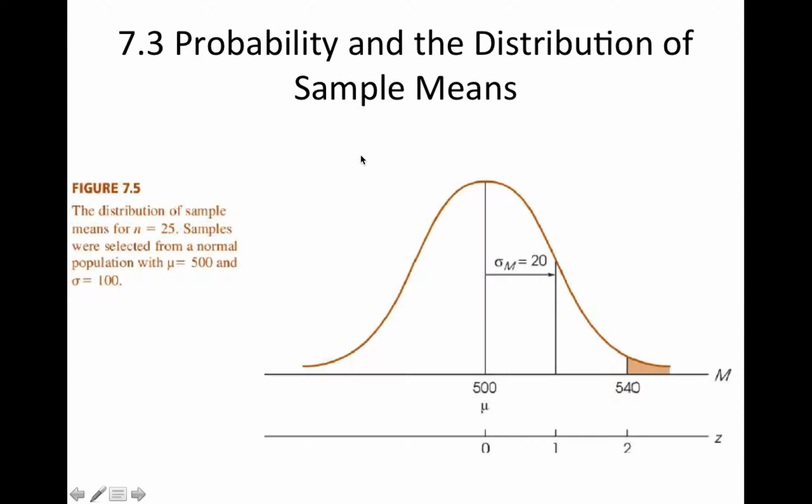Now, when we talk about probability and the distribution of sample means, we need to think about the way that we view any distribution. When we see peaks in the distribution, we think about things that are more likely, right? And when we see long tails in the distribution, those correspond to areas where things are less likely.